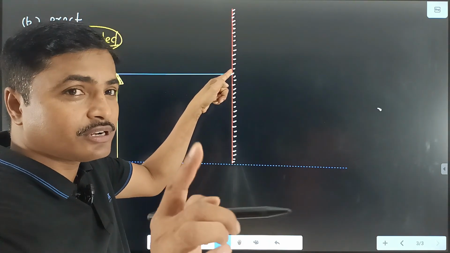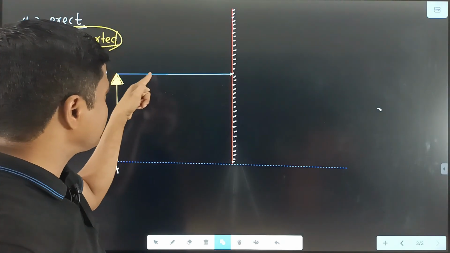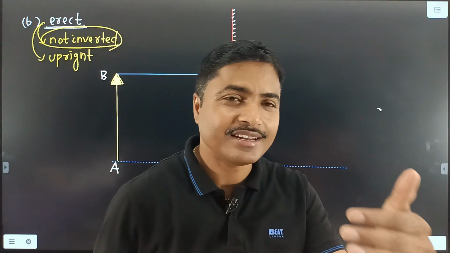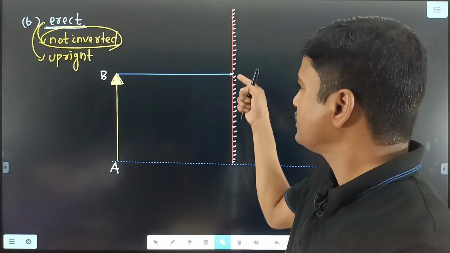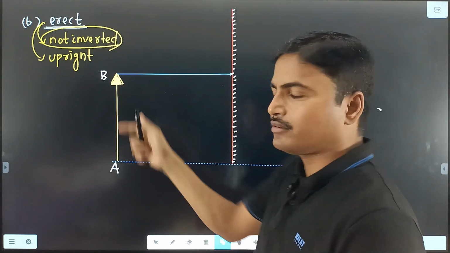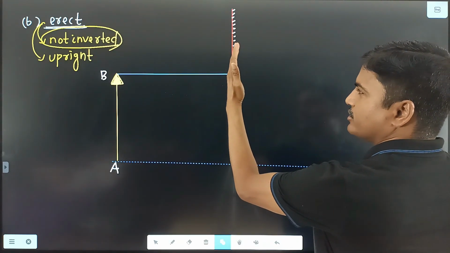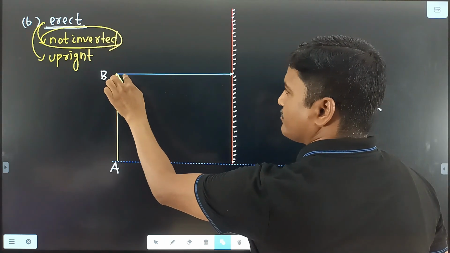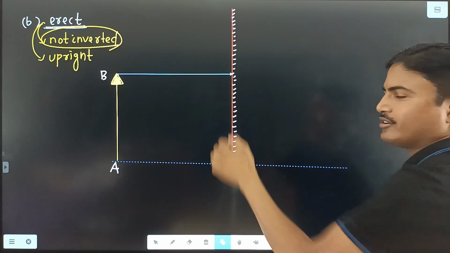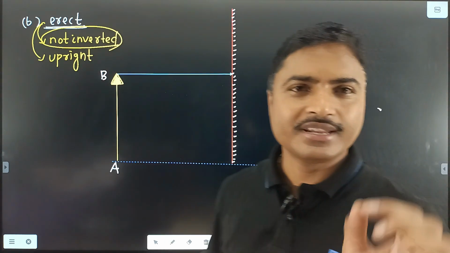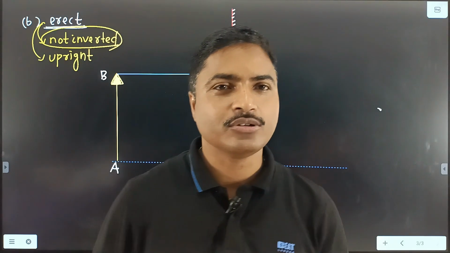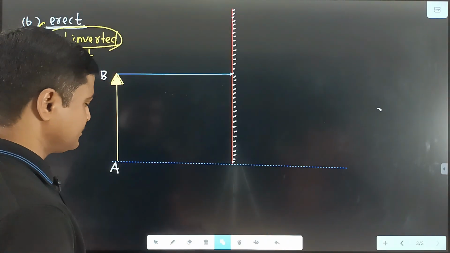And at this point, first we draw a normal. This one is also normal, so your normal and incident ray both are parallel. This is the normal to the plane mirror, because this one is your plane mirror. So this one is the normal, and the incident ray is situated on the normal. So the angle between the incident ray and the normal is 0 degree. Your angle of incidence is 0 degree.